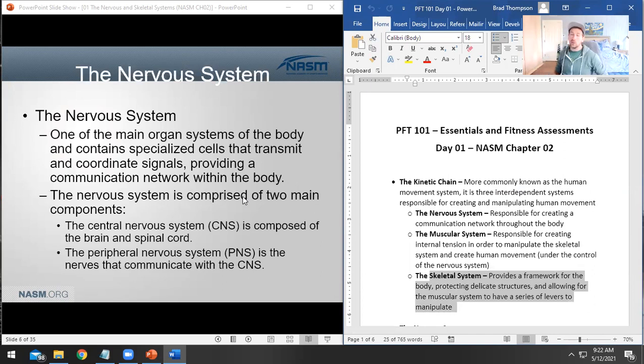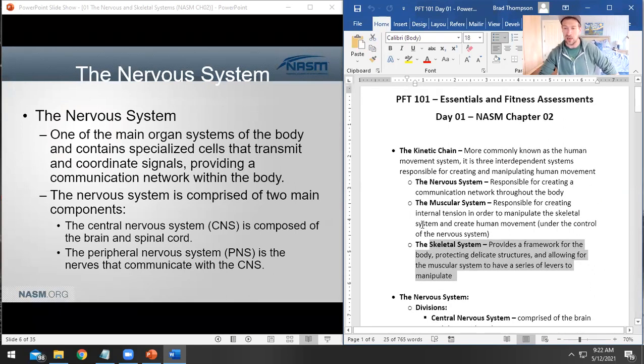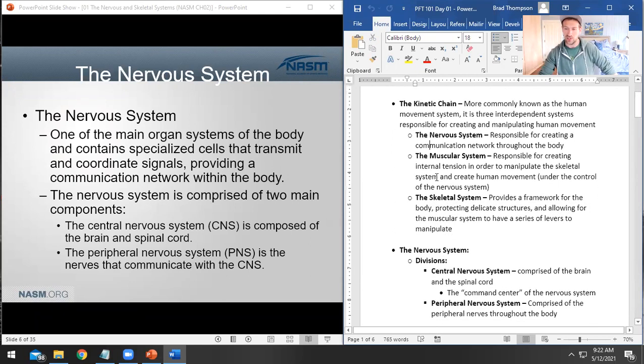So we're going to be looking at the first two parts of this system today. That is going to be your nervous system, and we're going to be looking at your skeletal system. Just before I dive into it, a quick overview of each of these. Your nervous system is responsible for creating a communication network in the body. That's what that system does.